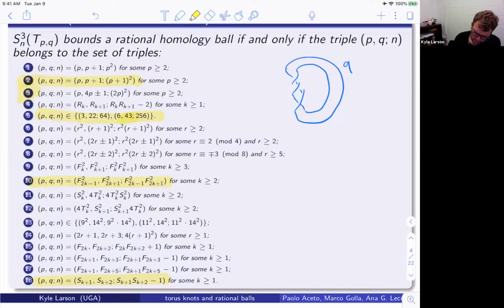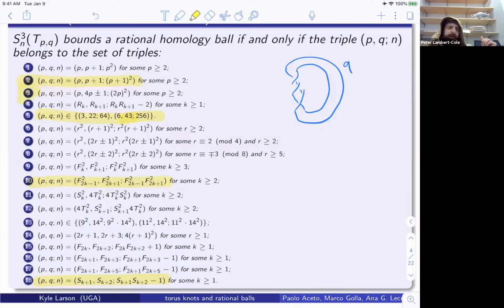So there's a paper by Stipsicz, Szabó, and Wahl, which, if you have links of singularities, they study the existence of symplectic rational homology ball fillings of the corresponding canonical contact structure. I can't tell you exactly what they show, but they looked at this precise question.